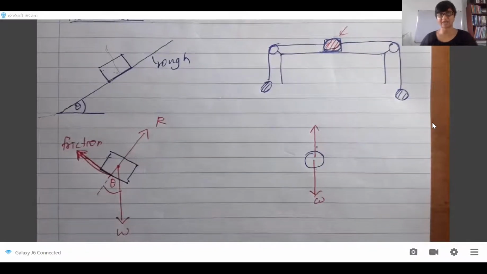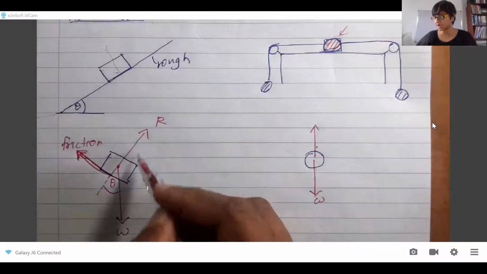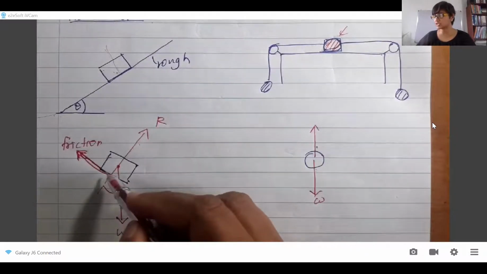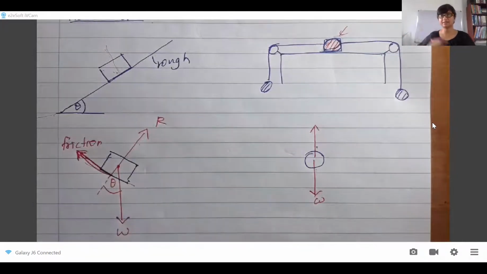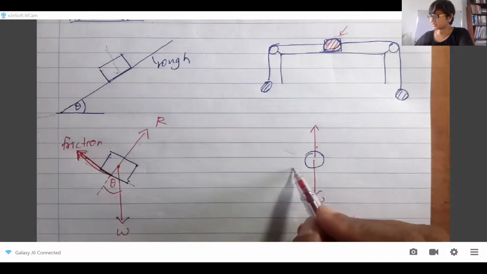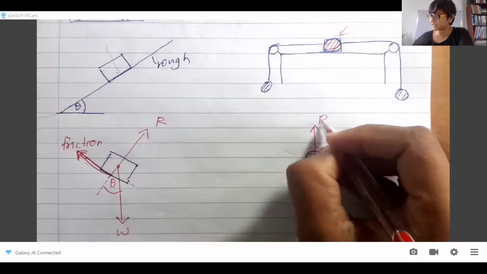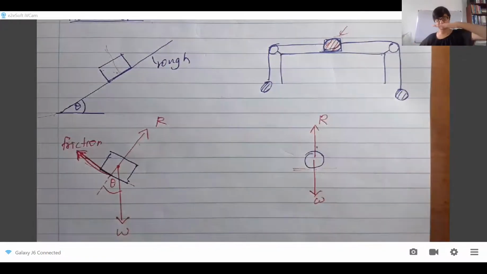That reaction, this R, is always perpendicular to the surface you're on. Remember in the ladder example, the reaction from the wall was perpendicular to the wall, and the reaction from the ground was perpendicular to the ground. Here, the object is on the table, so the reaction would be perpendicular to the tabletop.